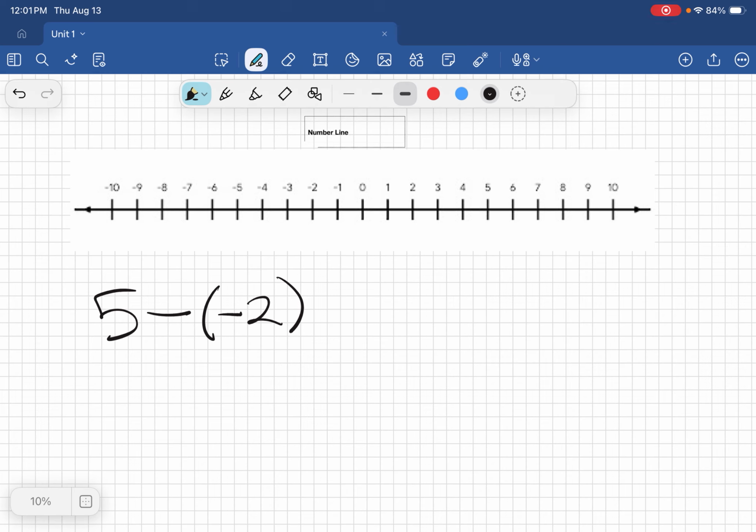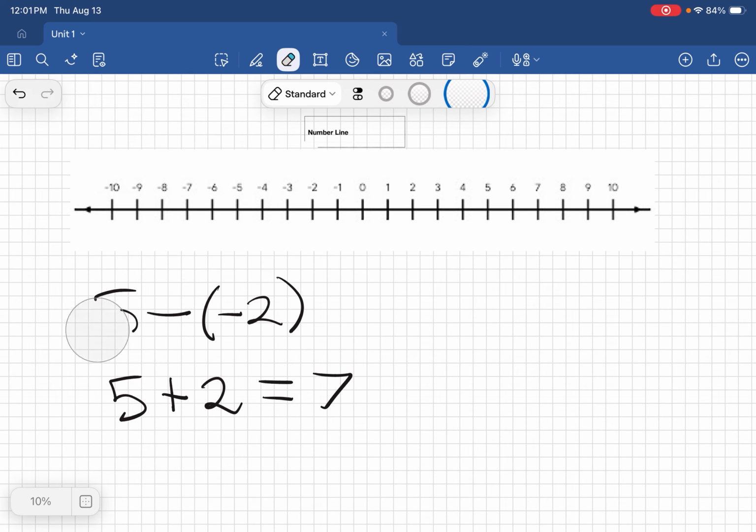So 5 minus a negative 2 becomes 5 plus 2. And 5 plus 2 is 7. That's an important pattern. Subtracting a number is the same as adding its opposite. Let's try some more.